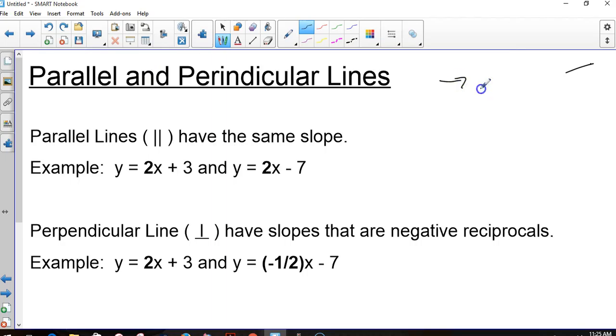If I have them in y equals mx plus b form, if they're in slope-intercept form, then all I really need to do is look at the slopes. If 2 lines have the same slope, they're parallel, and this is the symbol for parallel, these 2 bars. So y equals 2x plus 3 and y equals 2x minus 7 are parallel.